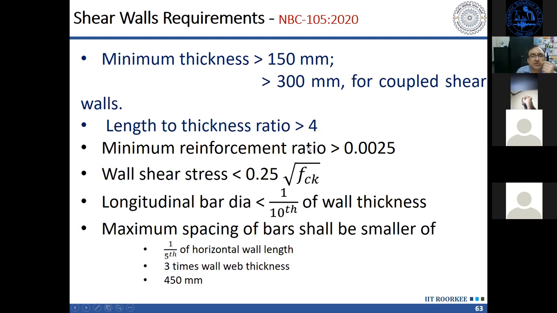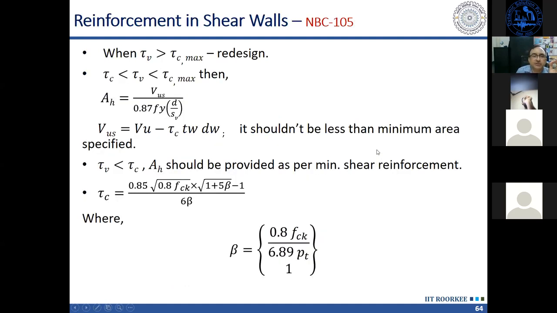This is the minimum reinforcement. So in the horizontal as well as in the vertical direction, the reinforcement cannot be less than 0.25%. Otherwise, I will calculate the horizontal as well as vertical reinforcement based on the difference between Vu and tau c t w. So using this expression, I can calculate the horizontal reinforcement. And if this is more than the minimum reinforcement, this will be provided.